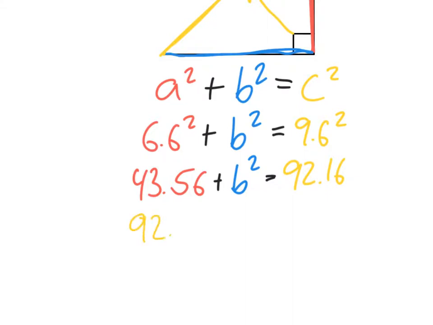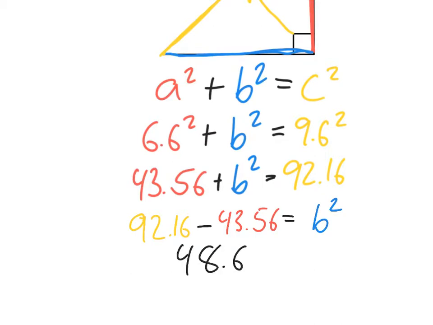So we're going to do 92.16, and we are going to subtract the 43.56. And that is going to be our B squared over here on the side. So we subtract the 43.56 from the 92.16, and we get 48.6, and that is our value for B squared.